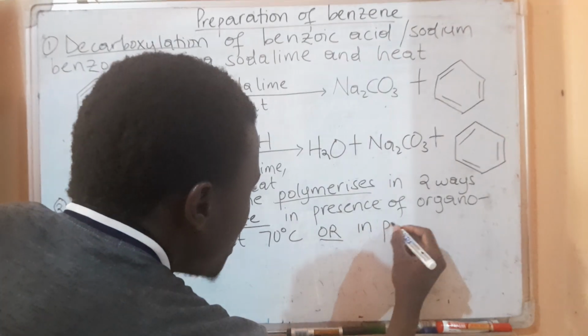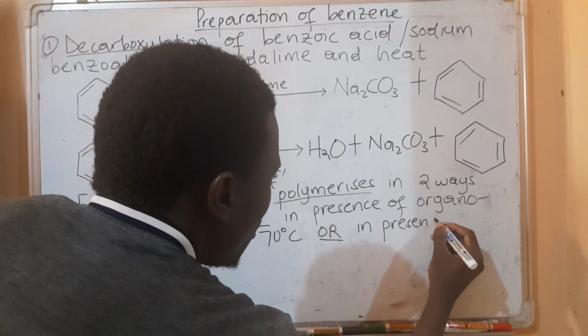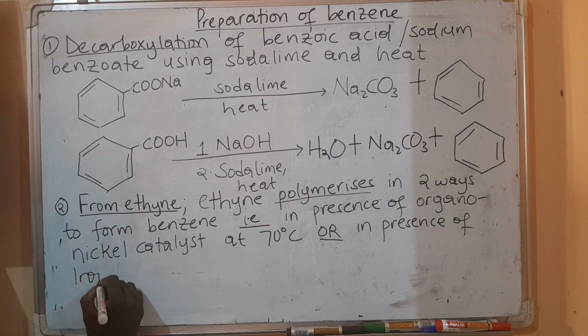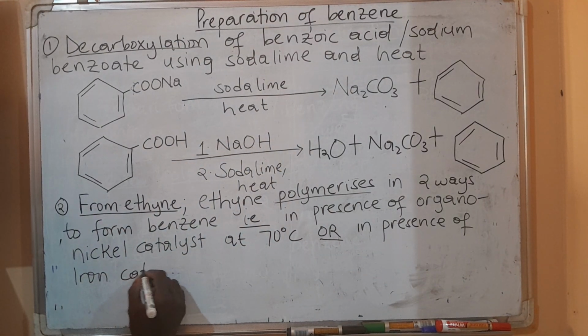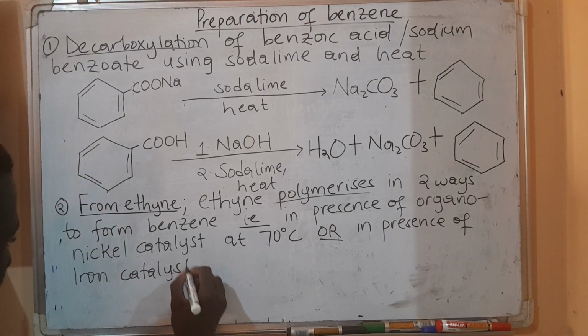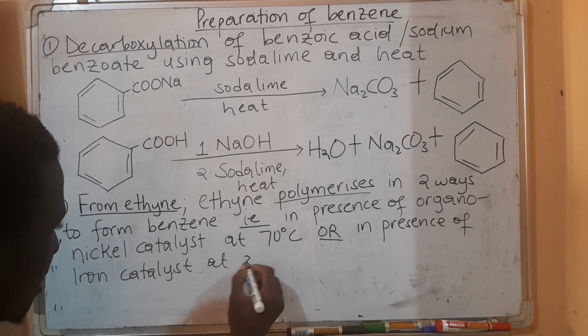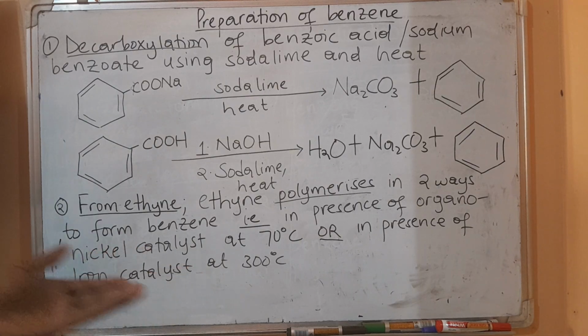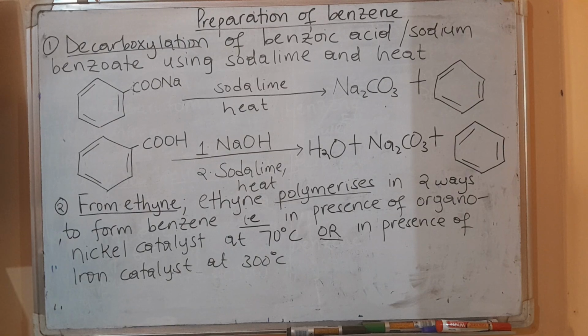or in presence of iron catalyst at 300 degrees centigrade. So those are the two ways. The first way, it's when we have organic derivative of nickel at 70 degrees Celsius, and the second way is when we have iron catalyst at 300 degrees Celsius.